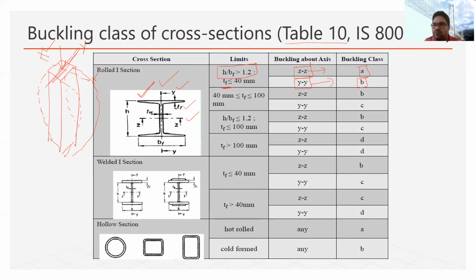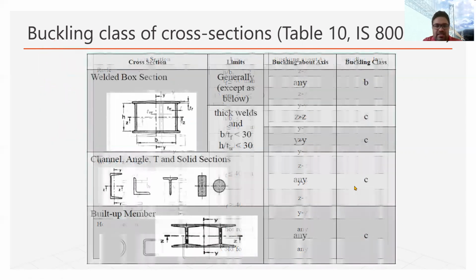Similarly for a welded I section, a hollow pipe section, or a hollow rectangular or square section, the table shows that buckling can occur along any axis, x, y or z, and in that case it belongs to class A. Similarly, if it is cold formed, it belongs to class B. All these cases are given for different sections.